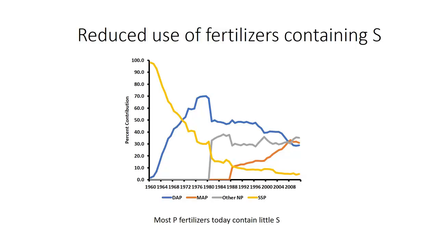We used to use a lot of single superphosphate, and now there's almost a 90% decrease in its use. It's being replaced by probably triple superphosphate, which has a higher content of phosphorus instead of sulfur. So there's a preference for NPK over sulfur.